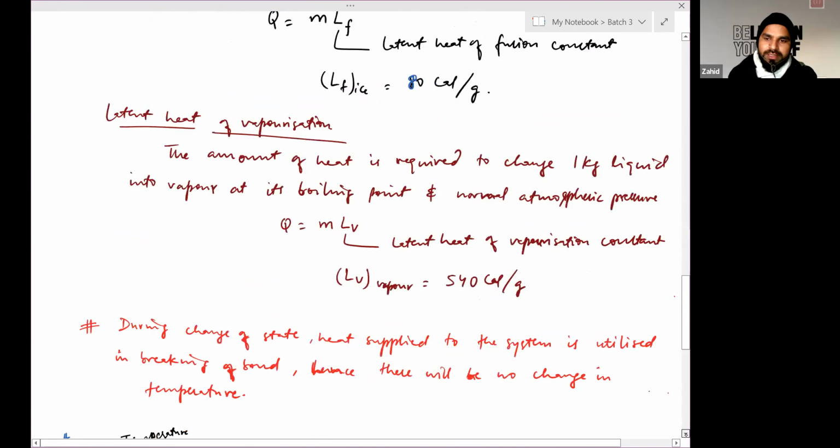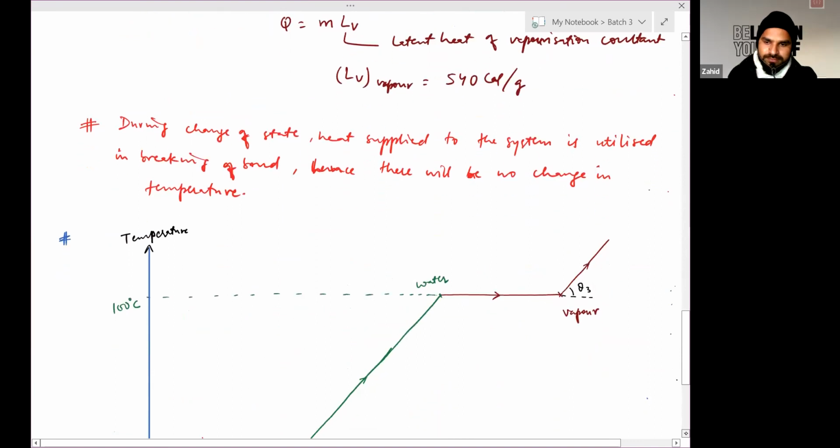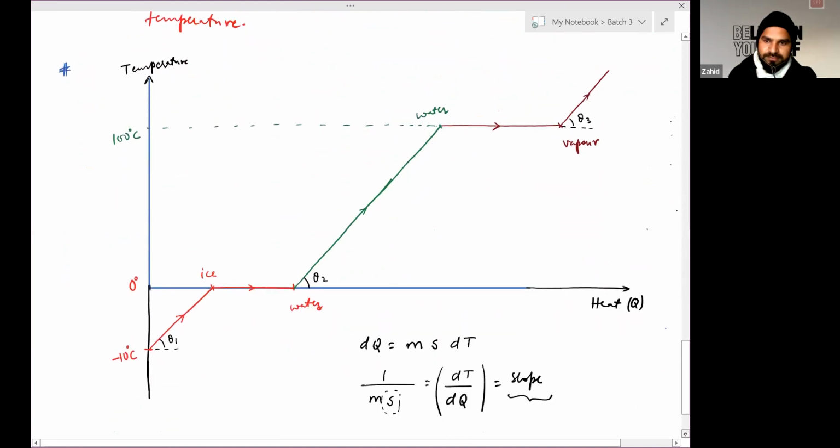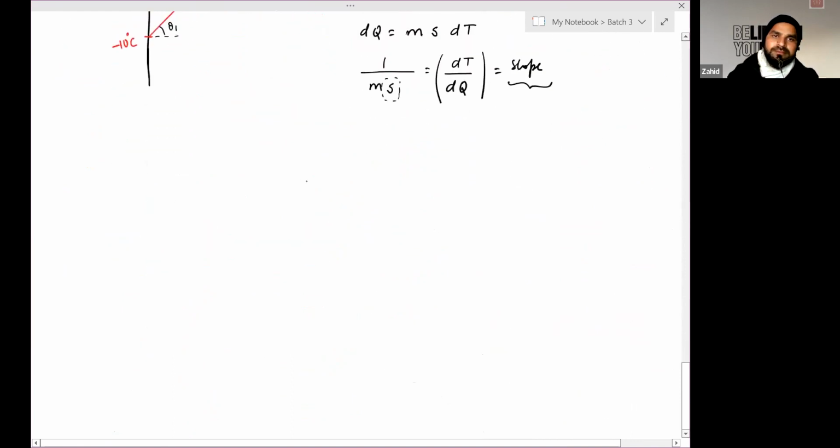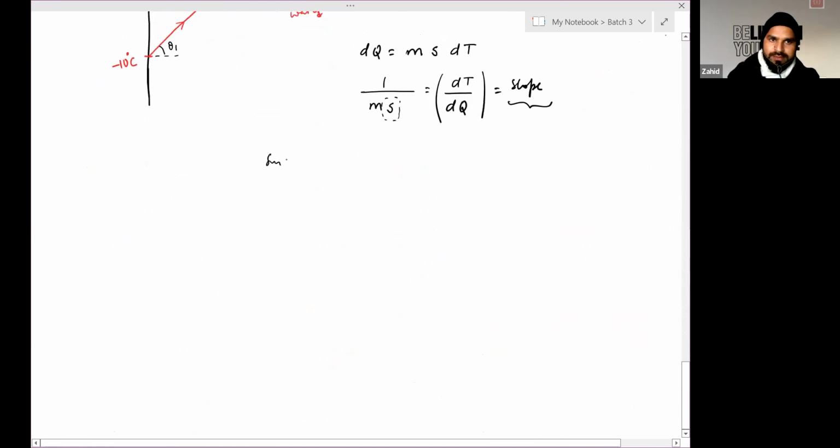So from this, we may conclude, since the specific capacity of ice equals the specific capacity of vapor, and that is smaller compared to the specific capacity of water, in terms of inclination, since slope is inversely proportional to specific heat, the more the value of specific heat, the smaller the slope.